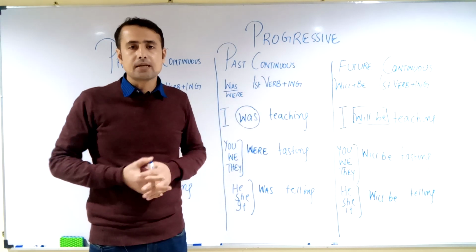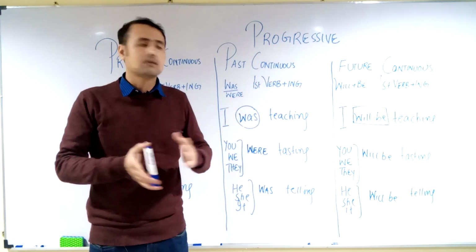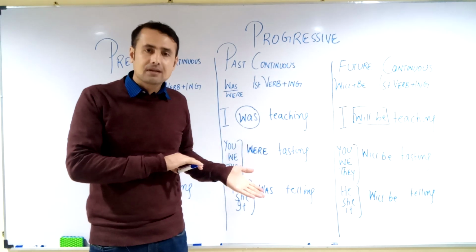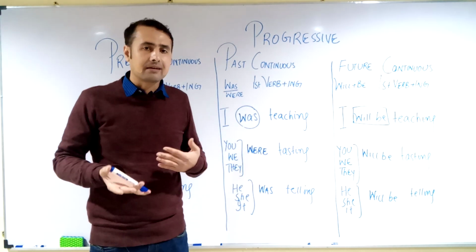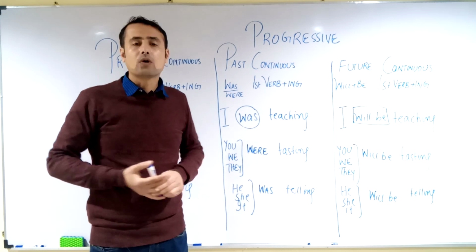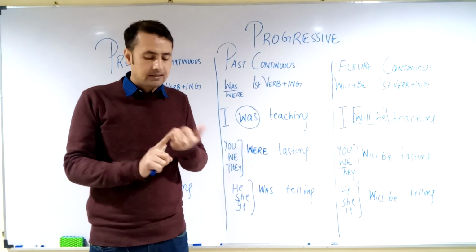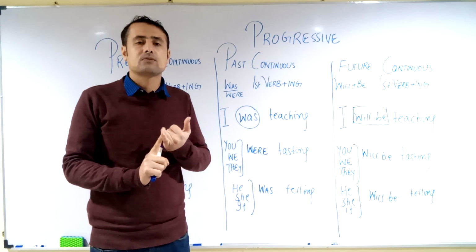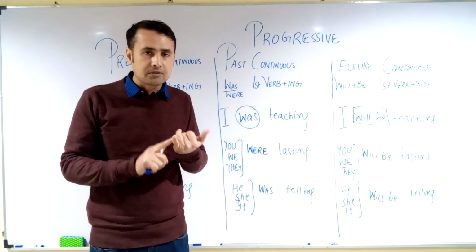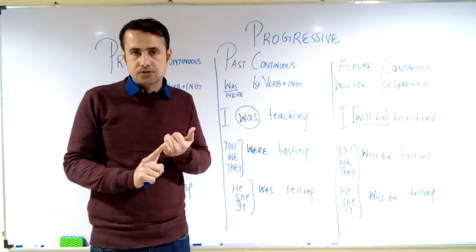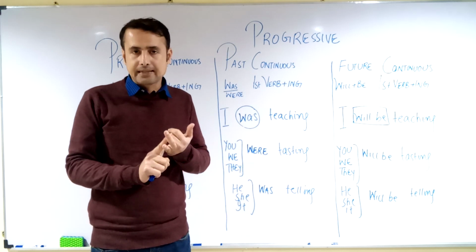So what you need to keep in mind in order to clarify your doubts about all continuous tenses is, first, that in all continuous tenses what is common is verb first form plus ing. The rest are indicators.